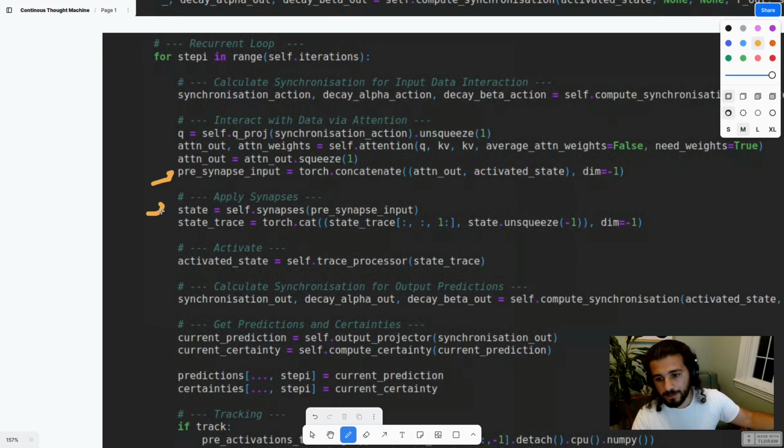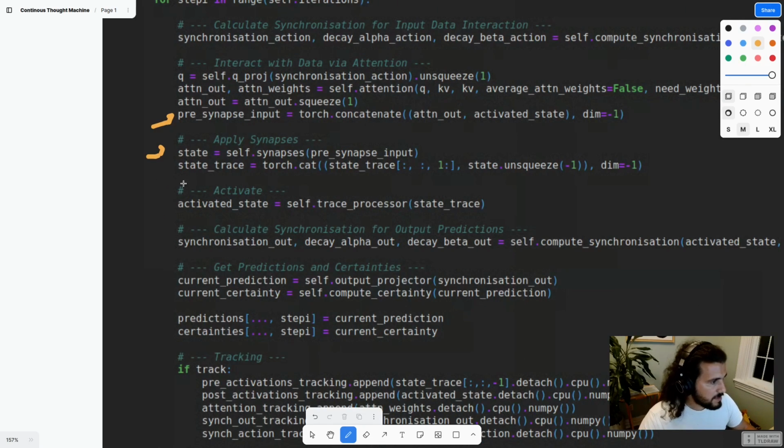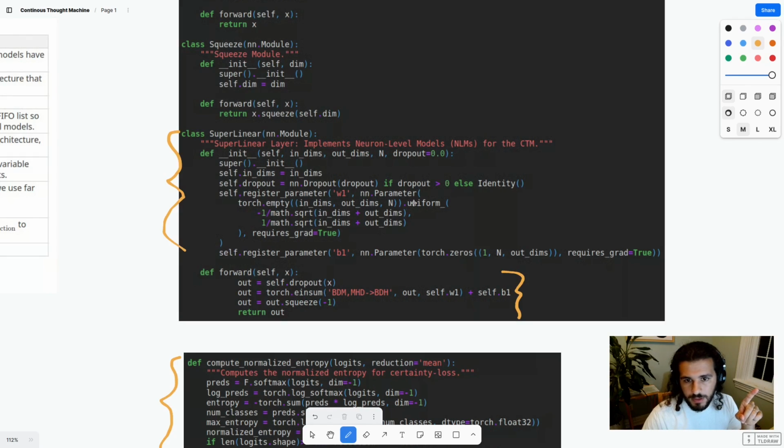And then you have this presynaptic activation, and it goes through the synapse model that we saw earlier. Once this is happening, you shove it through the trace processor, which doesn't mean the LLM. You shove the presynaptic thing into the NLM, and the NLM is many of them, and it's important here, N is the number of them you want.